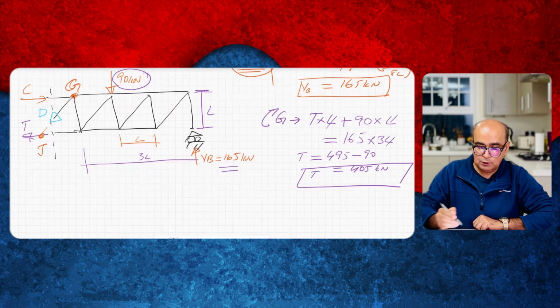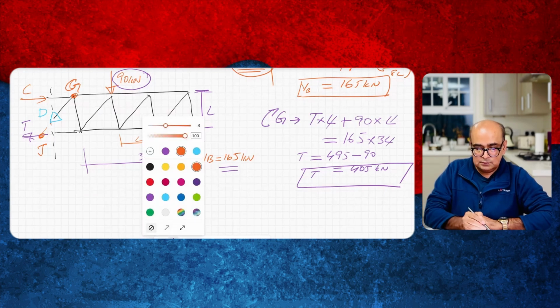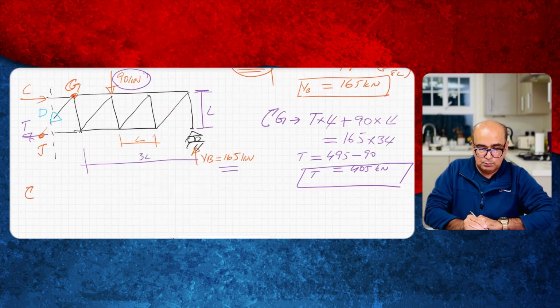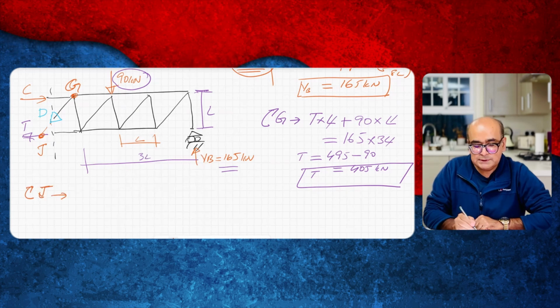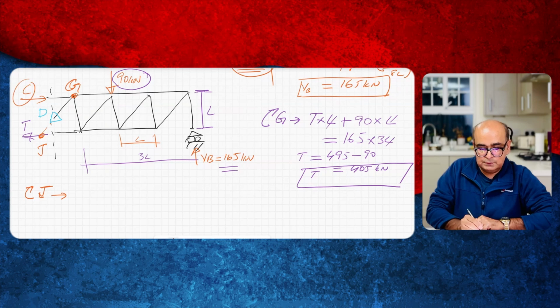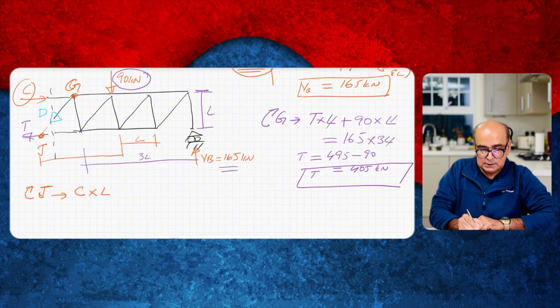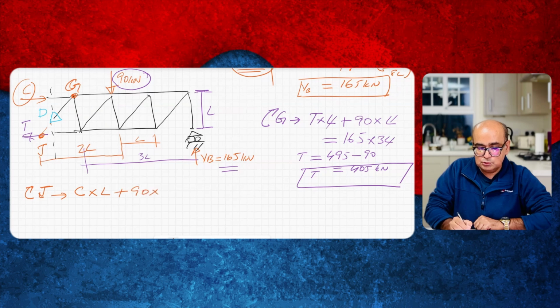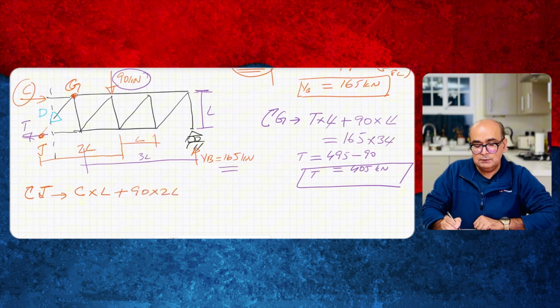Let's work out now moment at J. When we say moment at J, then you will see this compressive force will create moment. So C times L plus, now between J and the load we have 2 times L lever arm plus 90 into 2 times L lever arm, and the reaction is creating anti-clockwise moment.